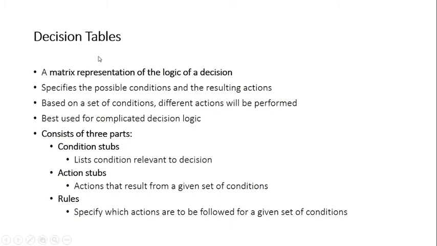Now based on a set of conditions, different actions will be performed, right? 3 parts: condition stub lists the conditions relevant to the decision, action stub actions that result from a given set of conditions, we'll explain it with a diagram, that will be better clear, and rules specify which actions are to be followed for a given set of conditions.